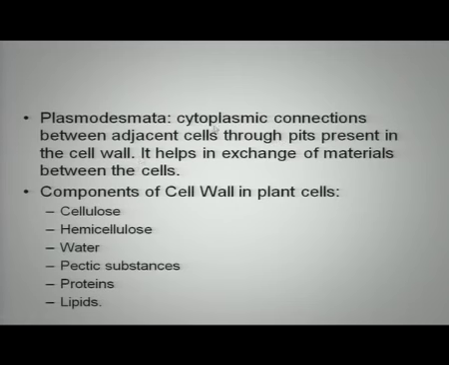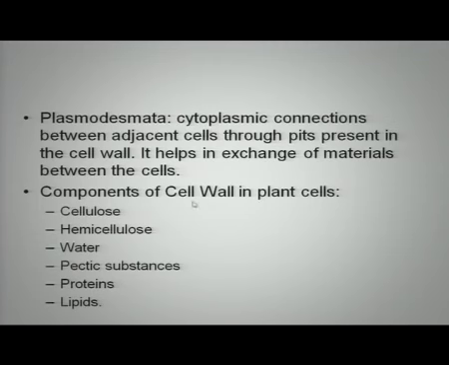Pits are unthickened areas present in the cell wall, and through these pits the cytoplasm of neighboring cells can form connections. That cytoplasmic connection, known as plasmodesmata, helps in exchange of materials between the cells. An aggregation of the cytoplasm of neighboring cells that occurs through plasmodesmata is known as symplast.